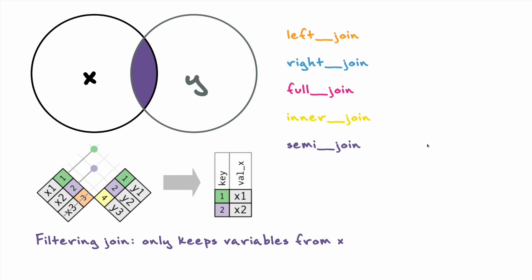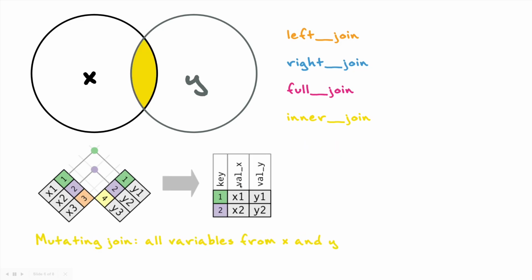So the next one is called semi-join, and on first glance it looks like it is doing exactly the same as inner join. It basically only cares about this area where we have an observation in X which has a relationship to an observation in Y. However, we now started with the filtering joins, and semi-join only keeps variables from X. So when you focus on this table at the bottom here and compare it with inner join, we see that we have here one variable called val_x and one called val_y.